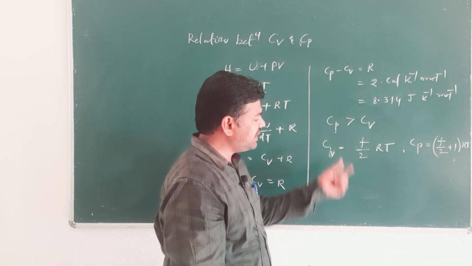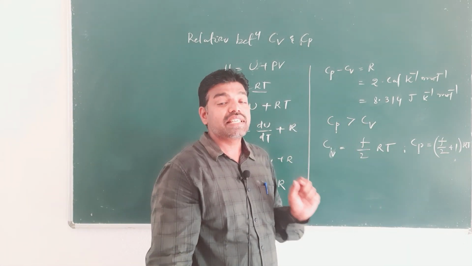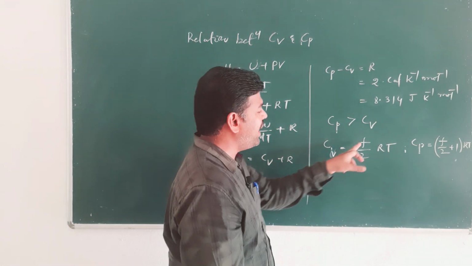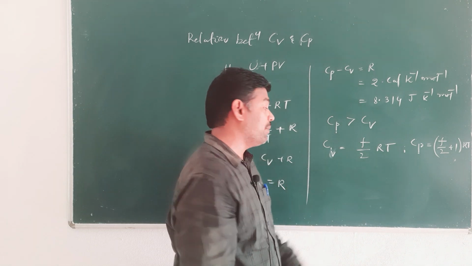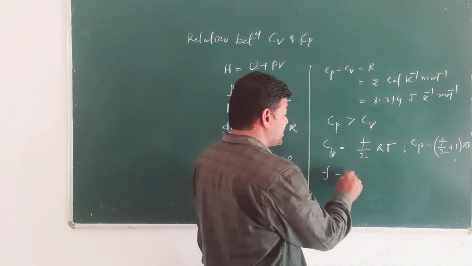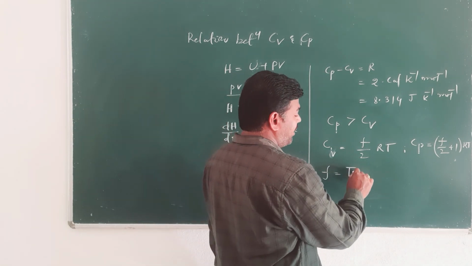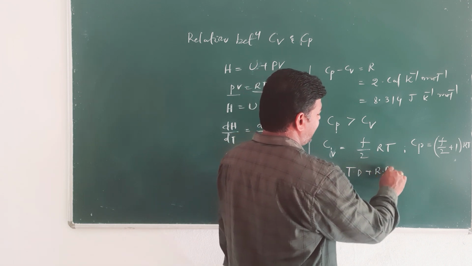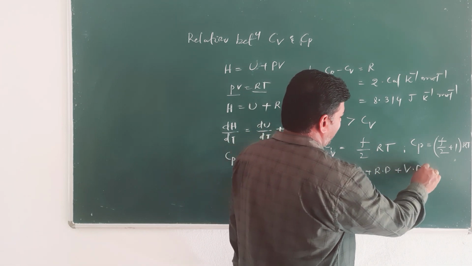So, with this formula we can calculate the Cv values and Cp values, right. Here F is the degrees of freedom, meaning translational degrees of freedom, rotational degrees of freedom and vibrational degrees of freedom.